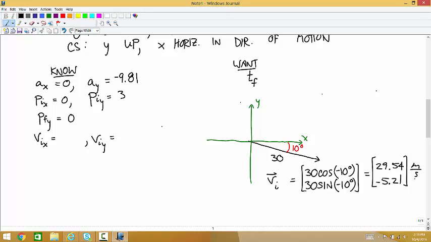And that is units of meters per second. So VIX is 29.54. VIY is negative 5.21. And then do we know anything about the final velocity? Nope. But we're okay if we don't find out about that.